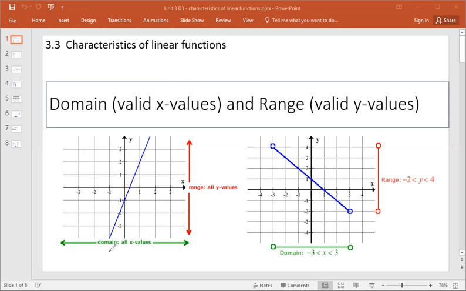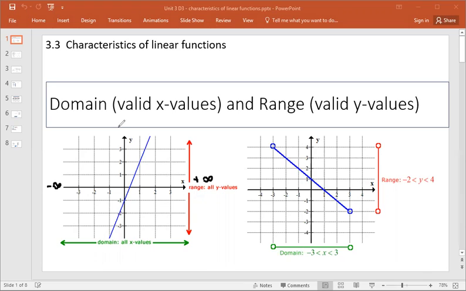And we can say all x values by writing this in terms of infinity. When we look at an x-axis, the smallest amount is negative infinity, the largest amount is positive infinity. We have the same for the y-axis.